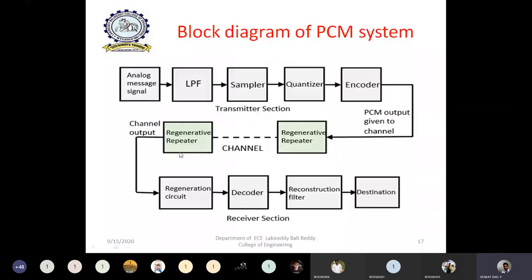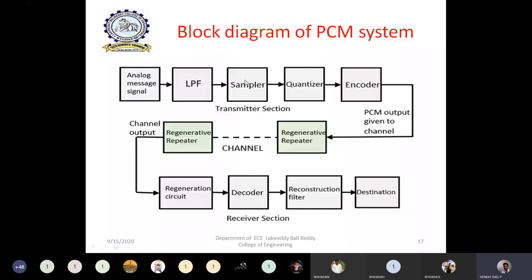Now let us observe the general block diagram of the PCM system so that it is very easy to understand what our experiment is and what part of this block we are doing in the experiment. As you know, pulse code modulation is an analog to digital conversion technique, also called a digital transmission technique.